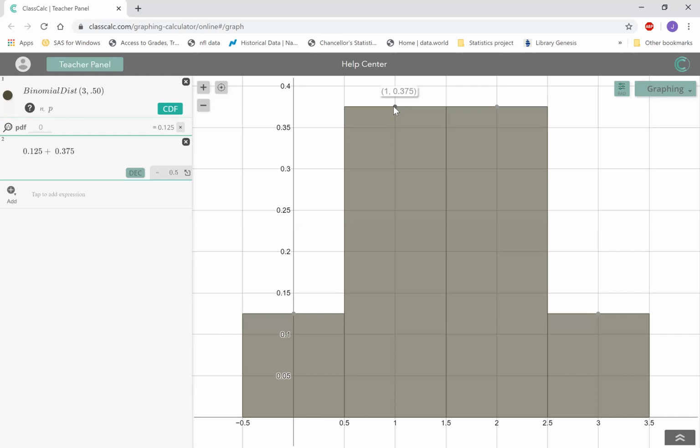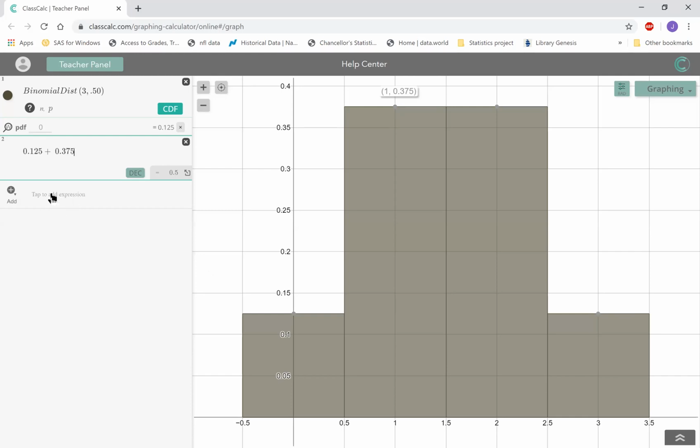And then you get your answer: the probability that X is less than 2 is equal to 0.50. So that's one way you could do it, by just using the chart on class calc. Right. Any question in regard to how to use the chart on class calc?